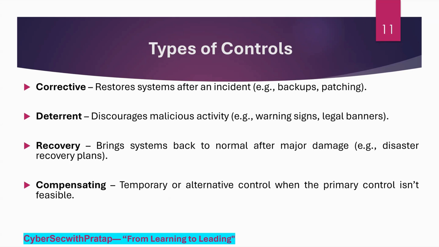And deterrent. Deterrent means you have a warning sign like "Beware of the dogs", right? You have seen that, and sometimes we put a warning like "You are under CCTV camera". So these are the deterrents.